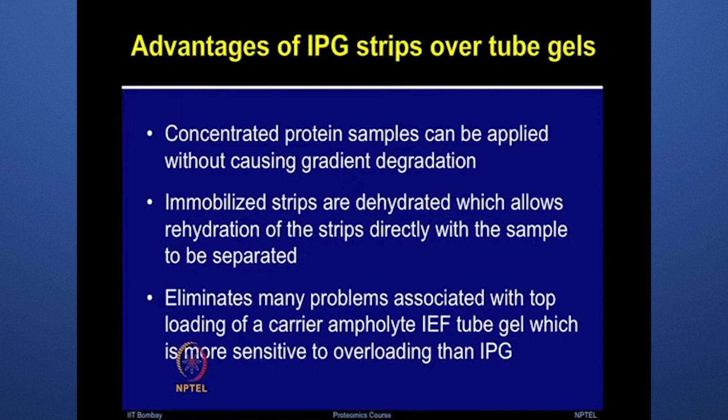So, the IPG strip eliminates several problems which could be associated with the top loading of a carrier ampholyte IEF tube gel, which is more sensitive to overloading than the IPG strip.